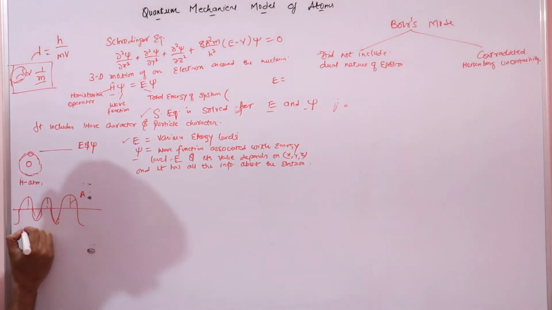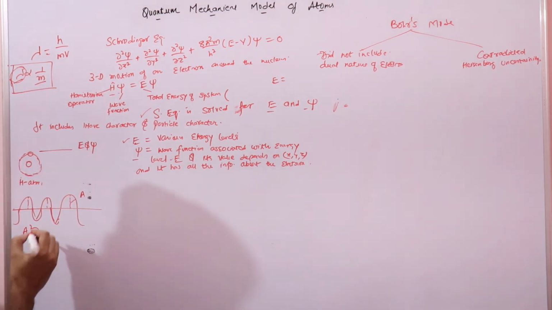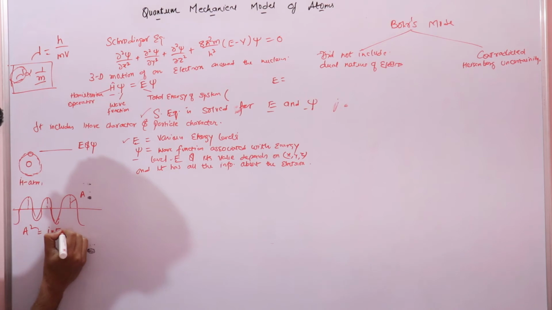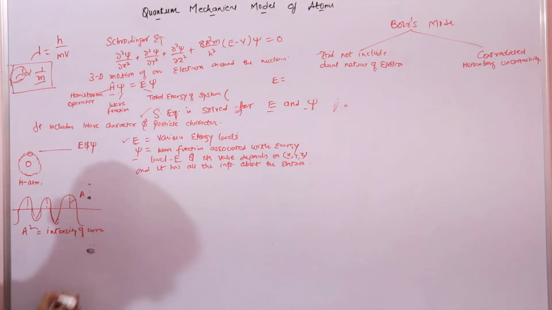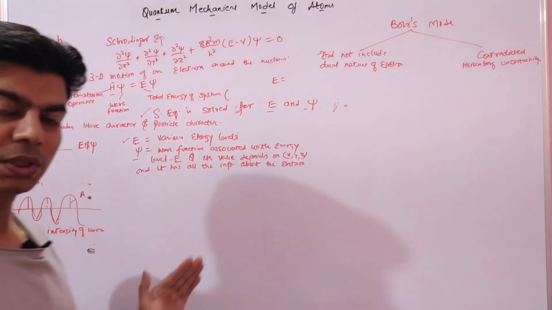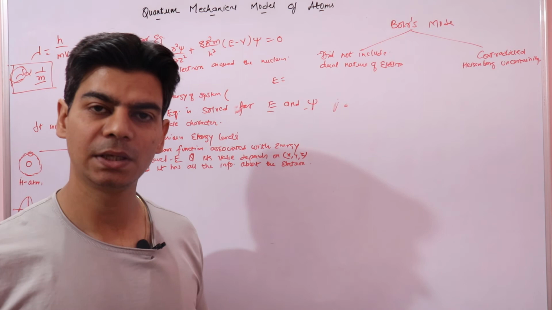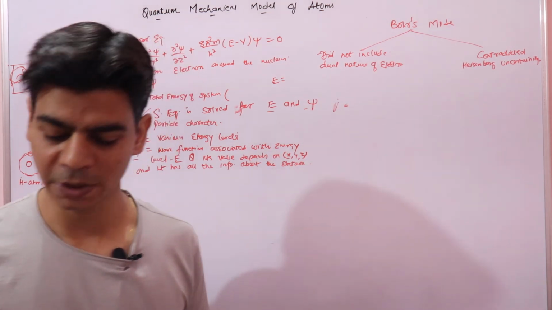If you take the square of the amplitude, this you will do in physics, what you get is the intensity of the wave at any point, right? So the square of amplitude will tell you about the intensity of light in case of a light wave or the intensity of sound in case of sound waves, right?